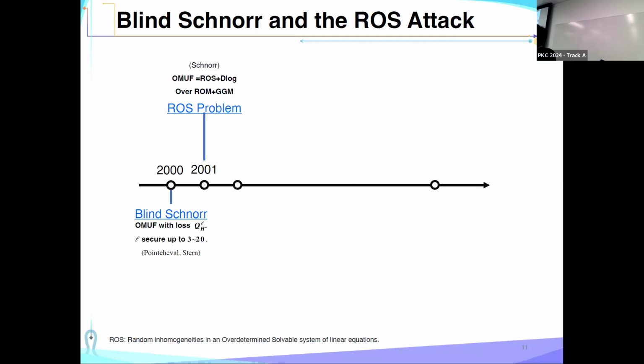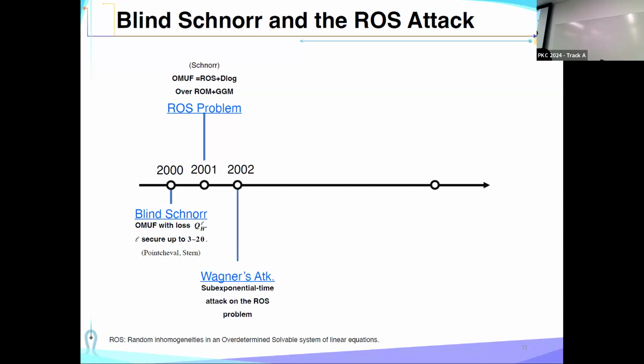But no one knows what happens if you sign more. And after one year, Schnorr proposed the so-called ROS problem, and he proved that the one-more unforgeability can be tightly equivalent to the ROS problem and the DLog problem under the random oracle model and the generic group model.